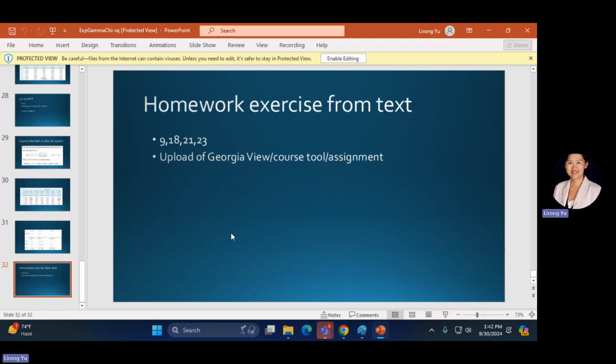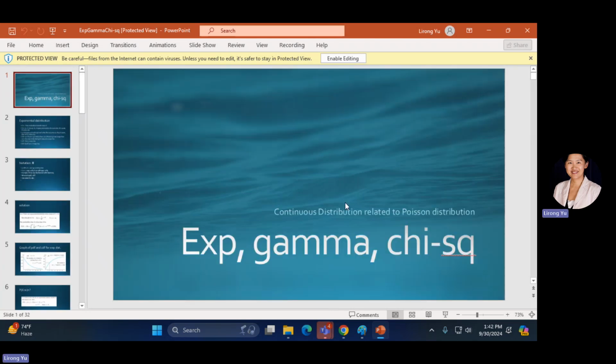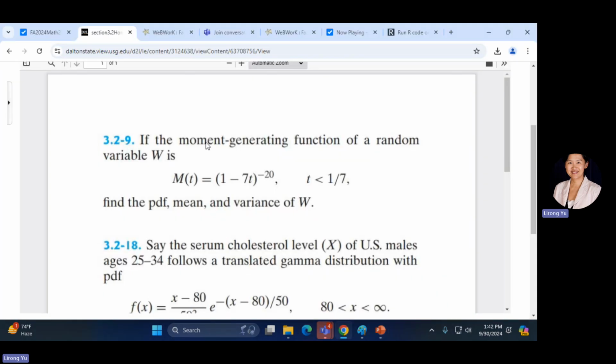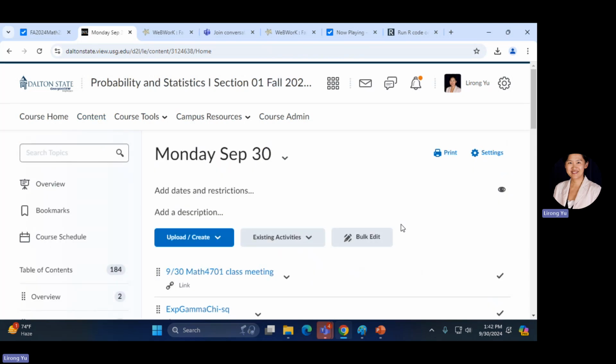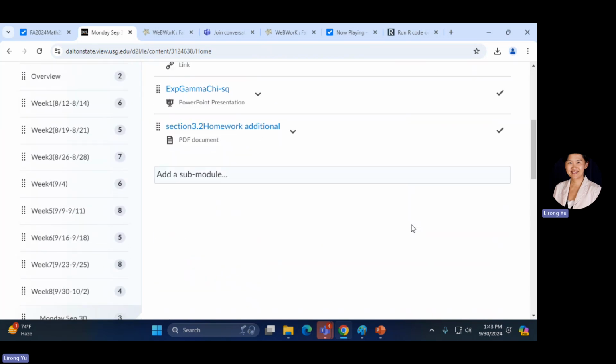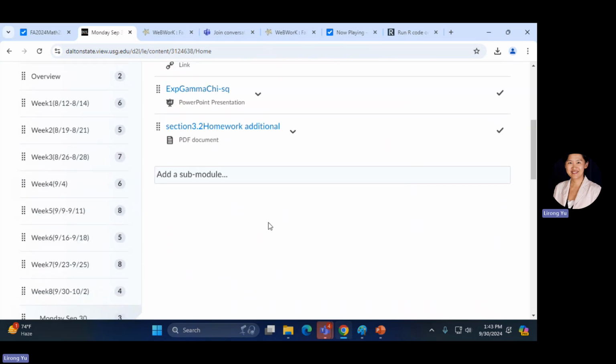That's section 3.2, some of the very popular continuous distributions. And then the next section we're about to talk about, we only have a few minutes left, is the normal distribution. I'm pretty sure you guys have heard of normal distribution. The normal distribution also has a distribution function that has an exponential in there.